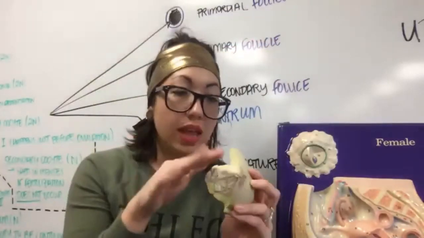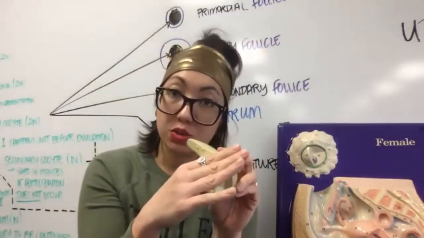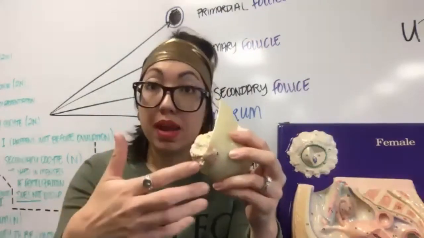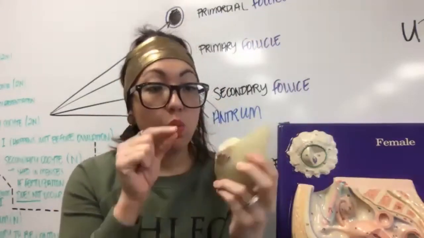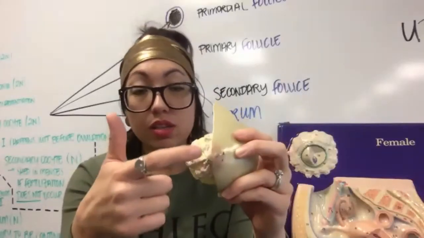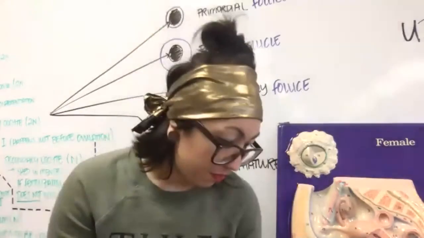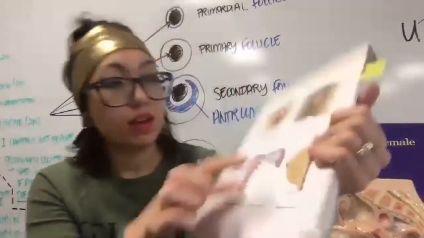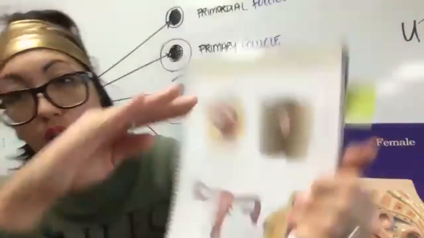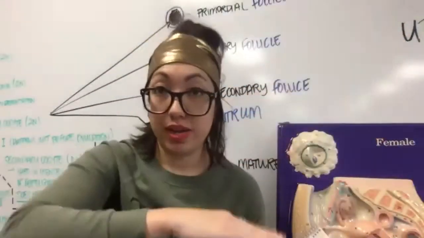Those will have their own little passageway to the external part of the mammary gland. And where those little passageways come out, that specifically is the nipple. So in your lab manual, the nipple is just this portion right here with those little passageways.